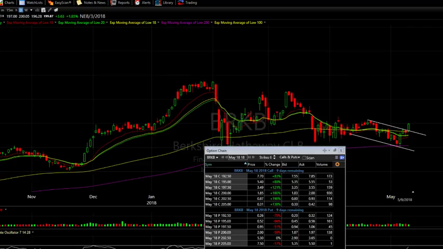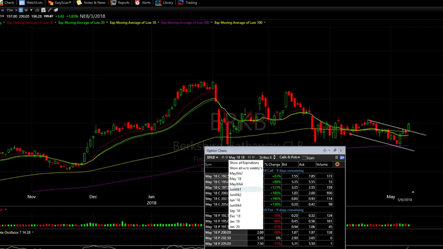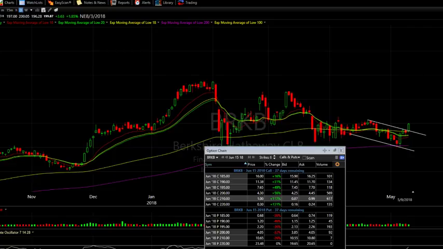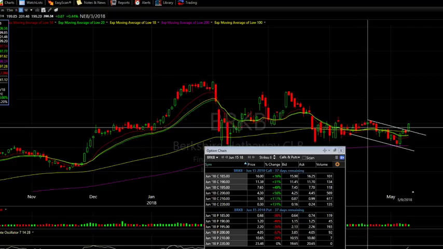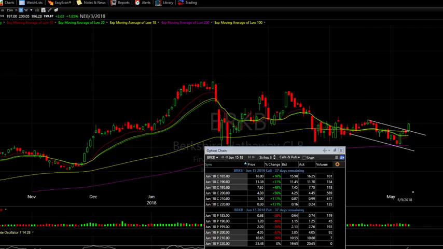If anybody wants to go into this and give yourself more time, these are trading pretty good. I would go with the 200 calls on a break above 201. We'll say 201.75.